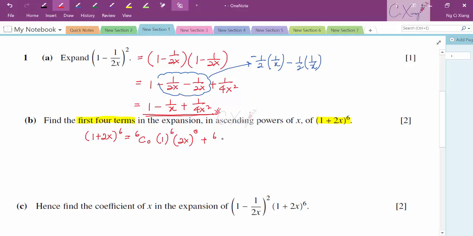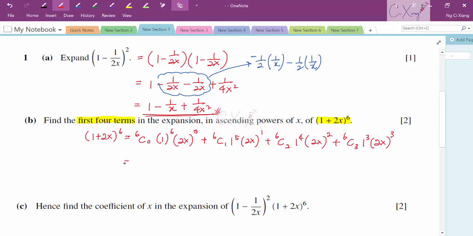Then we have 6C1 with power 1, so you can see that we increase the power for the x. Then 6C2 with power 2 here. We have to expand it up to 6C3, because this is our fourth term in this expansion: first term, second term, third term, and fourth term.